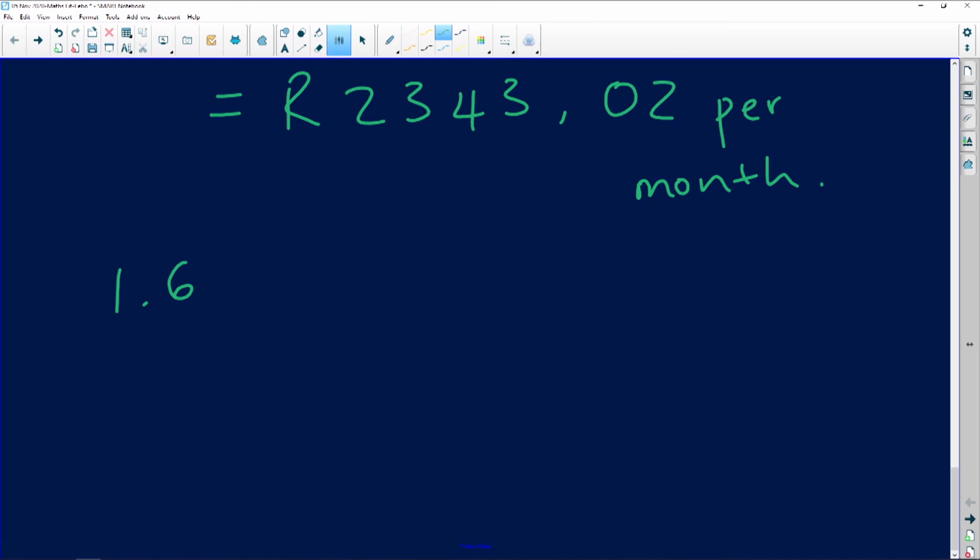So the last question says to us, calculate his monthly amount payable for tax. So now we need to calculate the monthly amount that is payable for tax. Can you see the terms? They're very confusing. All they mean here is how much is this person going to earn that qualifies to be taxed? We're just taking that amount that we calculated up there after we've deducted medical aid, and we're dividing that by 12.